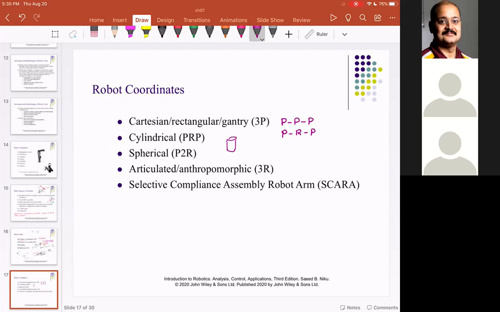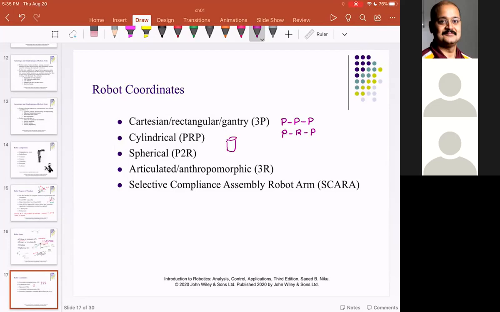Then you could have an articulated robot wherein you have 3 revolute joints, and the workspace of a 3R robot is different depending upon how those joints are aligned.